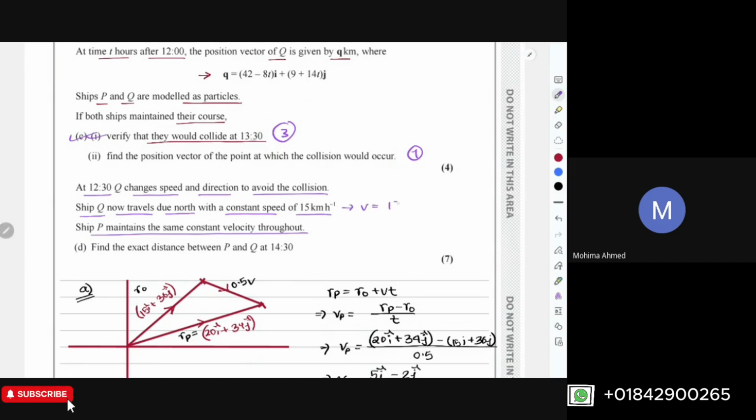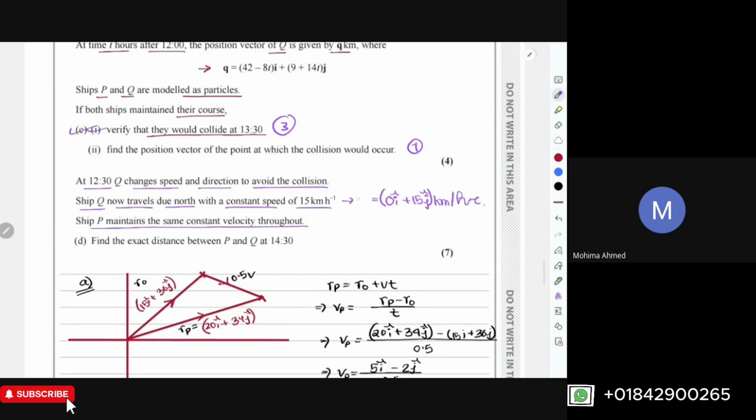V is 15j. Or we can also write 0i plus 15j, because obviously on the y-axis you don't have any value for i. So if you still want to write it in ij notation, you can write this as 0i plus 15j kilometers per hour. This is VQ now, the new velocity for Q. Whereas P continued on the same pathway with the same velocity, but Q would change its direction.